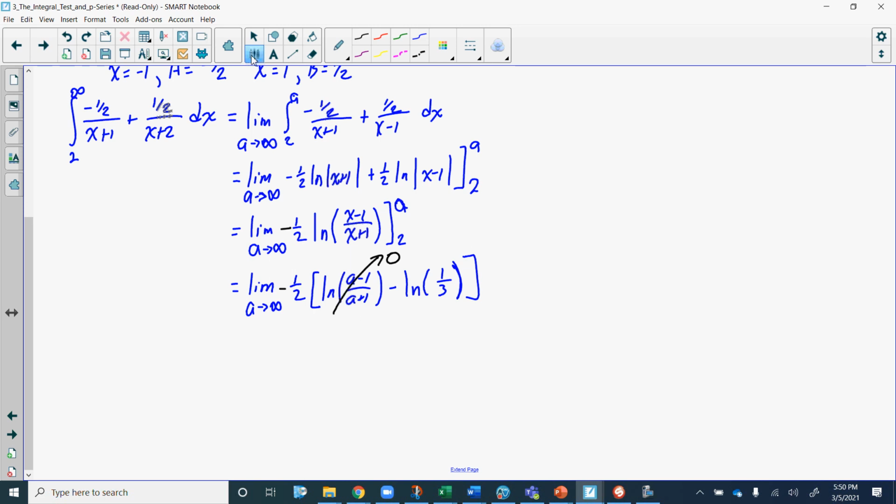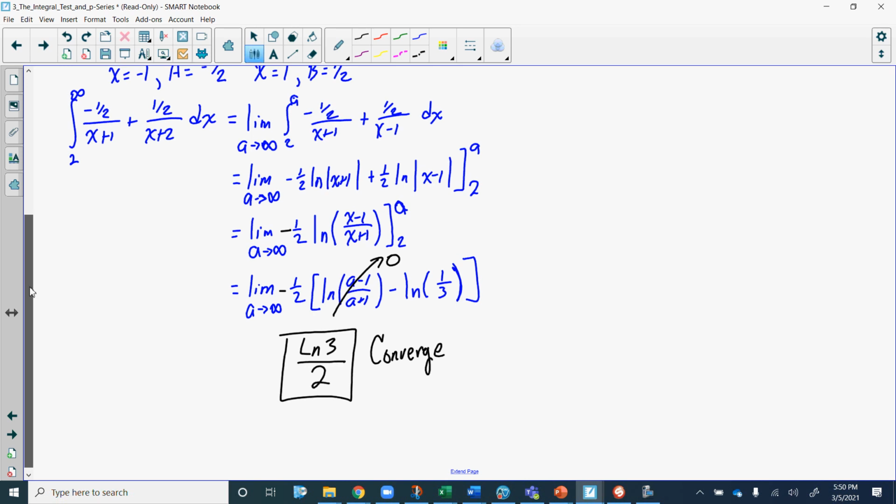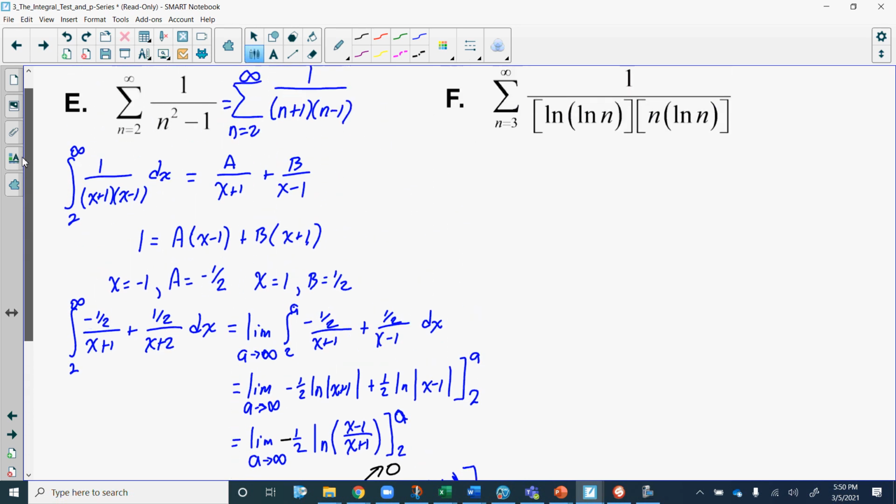Sorry I'm rambling, but this would just work out to be natural log of 3 over 2. Okay, so there's the limit. And because the limit approaches a specific number, we can say that this will converge according to the integral test for convergence. Oh man, we got a lot of work on that one.